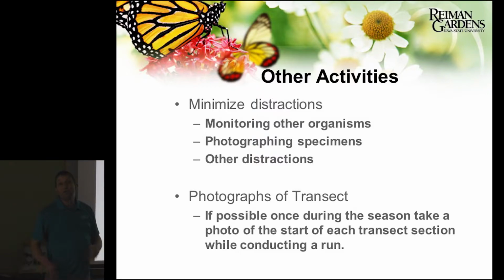It's okay to photograph species when you're out. Nowadays, with smartphones the way they are, or if you like to carry a small camera, just take a quick snap of the butterfly, and then you can look at it on your computer and use that to help you identify it if you weren't sure. Again, take quick shots of the butterflies and keep moving.